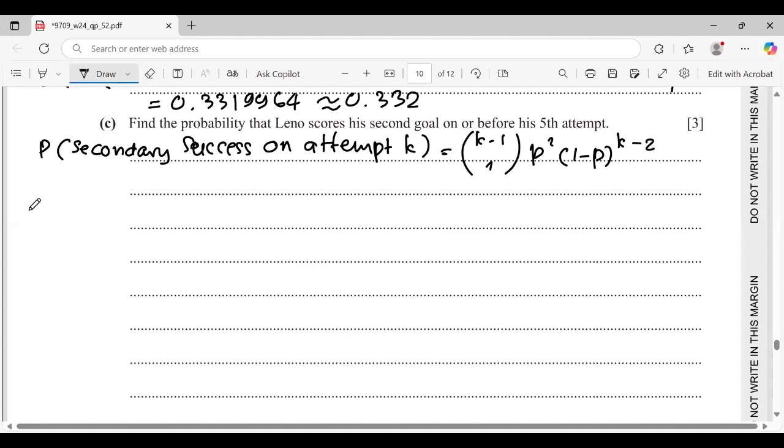Now we're going to find them one by one, starting from K equal 2.